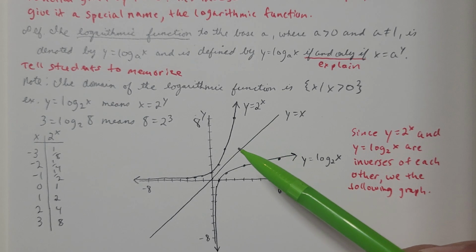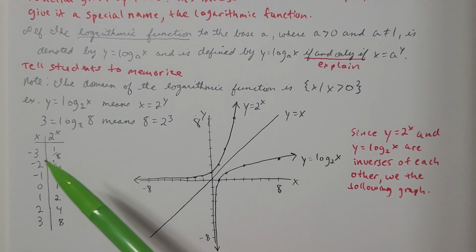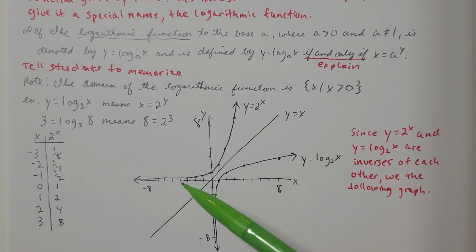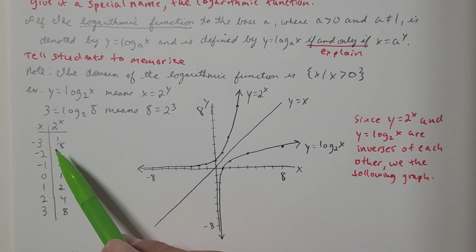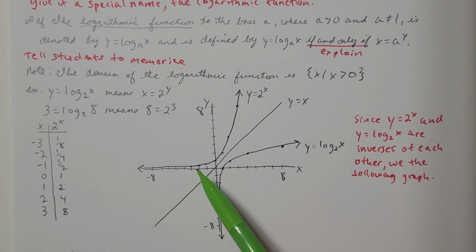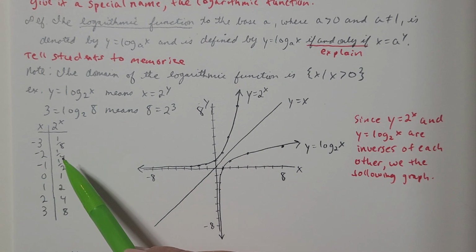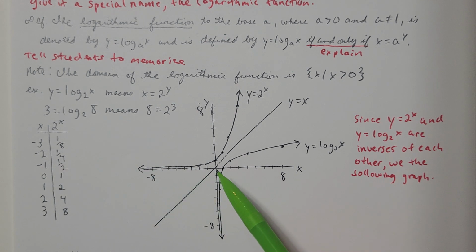All I'm going to do is switch the x and y values on these points that I've got plotted. So negative 3, 1/8 is going to be at 1/8, negative 3. Negative 2, 1/4 would be at the point 1/4, negative 2.